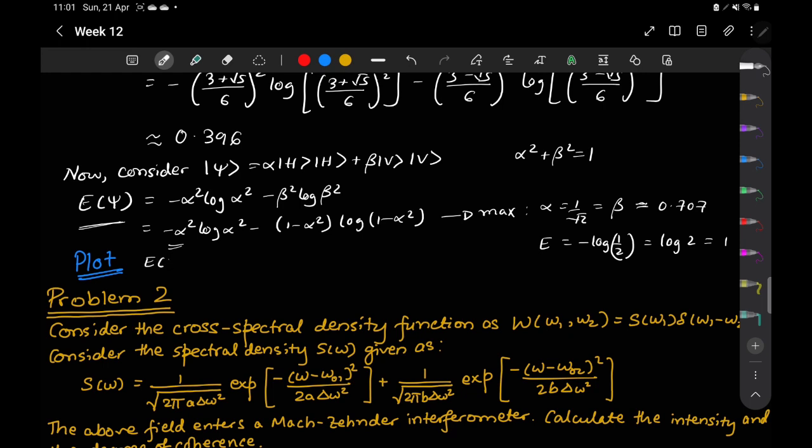So plot of E versus alpha, and then you can clearly see in that plot that when alpha equals beta equals 1 over root 2, then the maximum value occurs. So let me open up my Mathematica window to plot this.